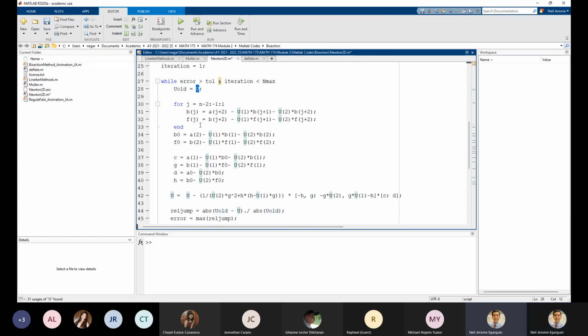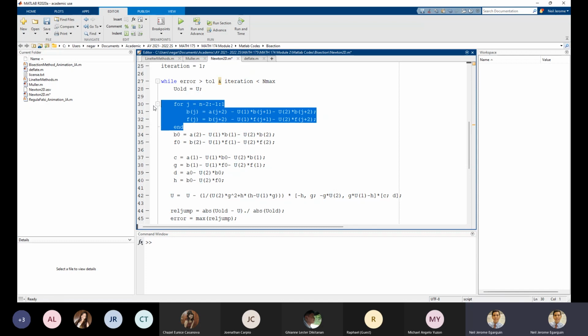Okay? Tapos, yung lines 30 to 33, eto naman yung second and actually sila yung nasa second line ng equation 4.12. But note here na yung for loop started at j equals n minus 2. Mag-i-increment siya ng negative 1.